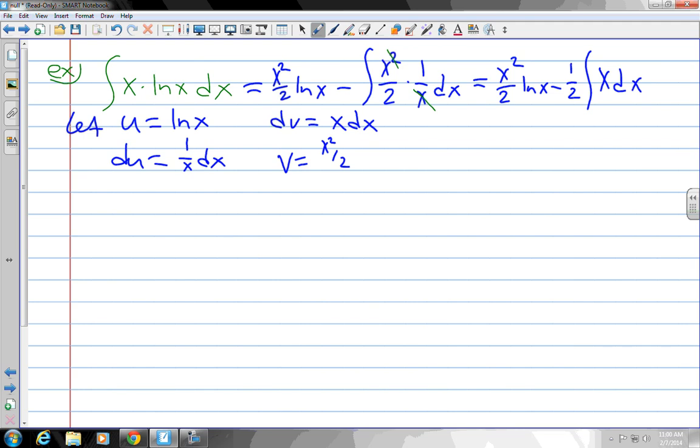We can complete this problem by doing that last integral, which is x squared over 2, so that becomes x squared over 4 plus some constant. So that's it. Again, if we take the derivative, we'll get the original function. I don't feel like doing it now.